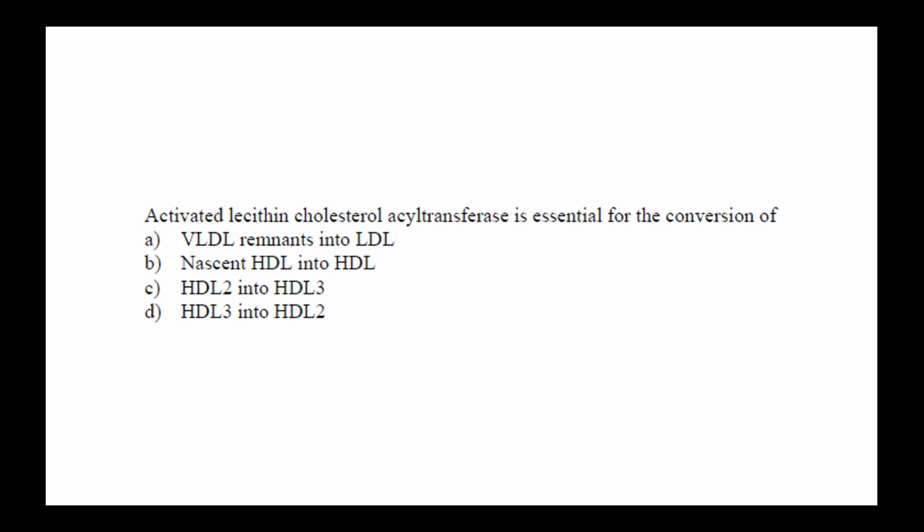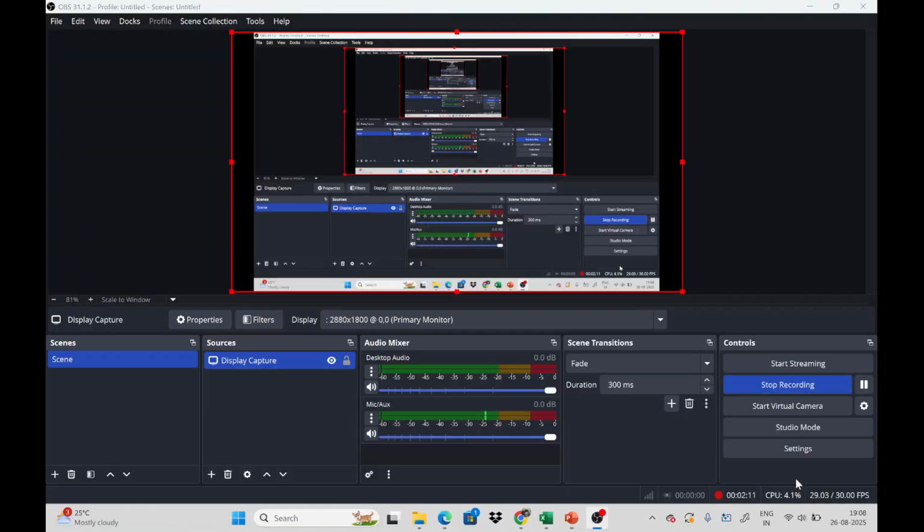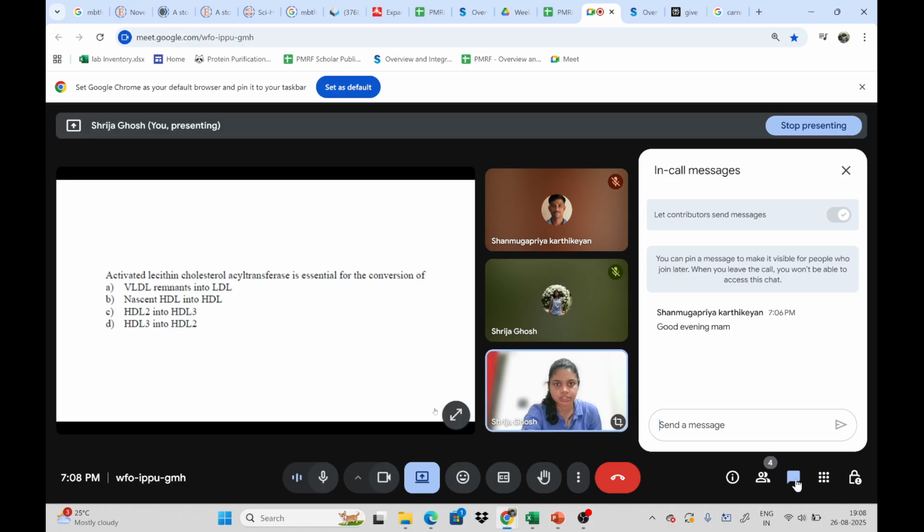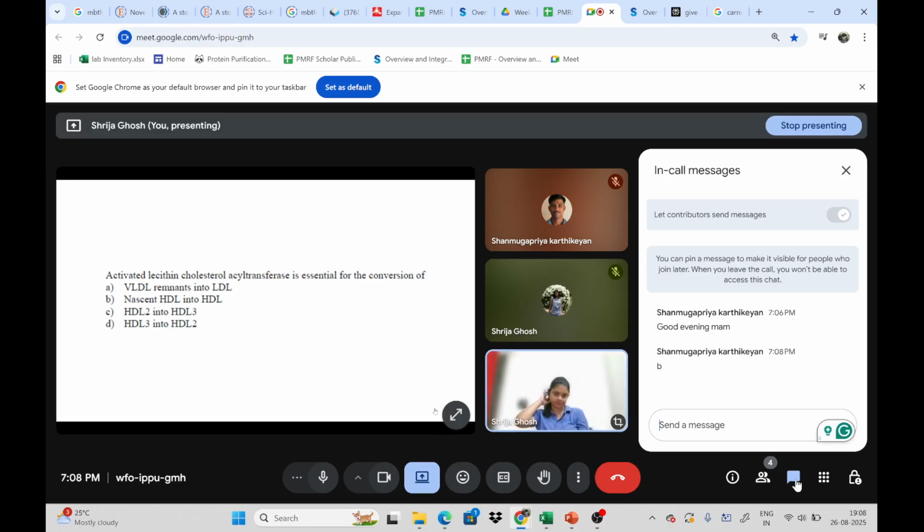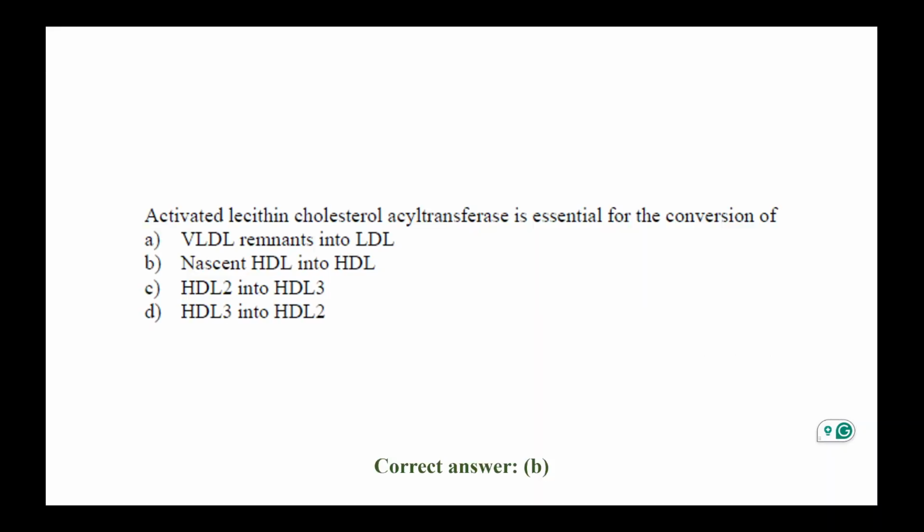If you know the answer, you can write it in the chat box. Option B, nascent HDL into HDL, is the correct answer.